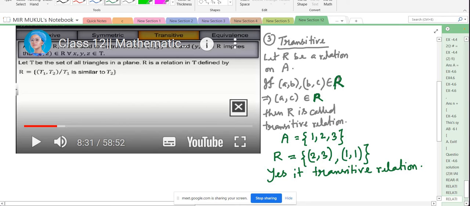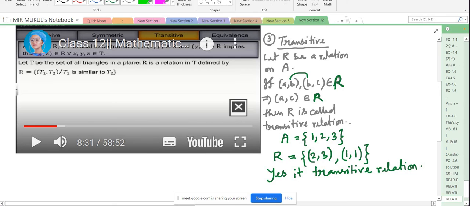That means the second element of the first ordered pair and the first element of the second ordered pair are the same; we are not getting this kind of ordered pair here. If we are not getting it, contradiction also will not come. If contradiction will not come, then we'll tell it is a transitive relation. You will remember this. Understood this point?